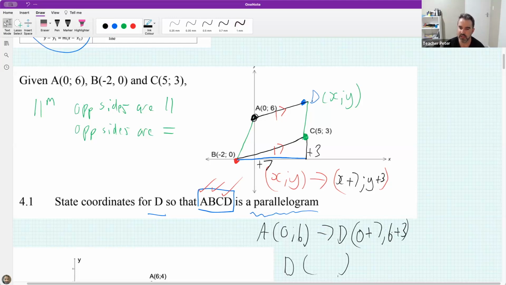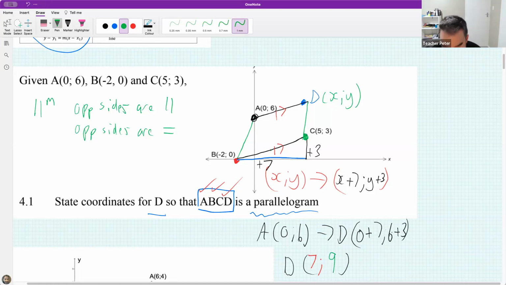Can you tell me what point D has to be? So 0 plus 7 would give me a 7 there. And what is the second one? It's going to be 9.